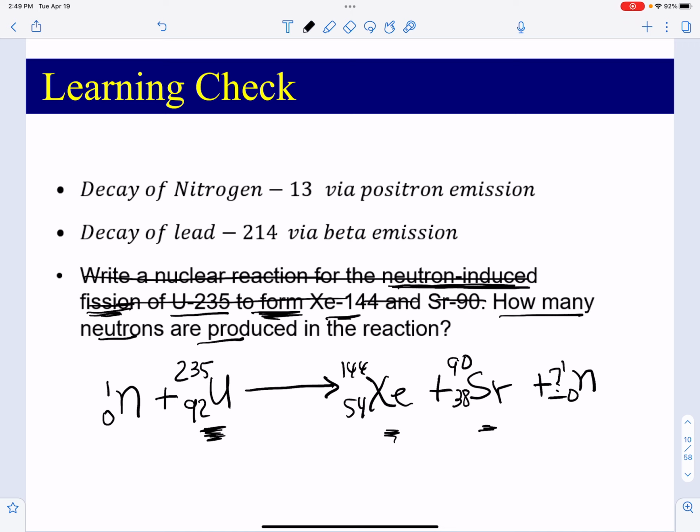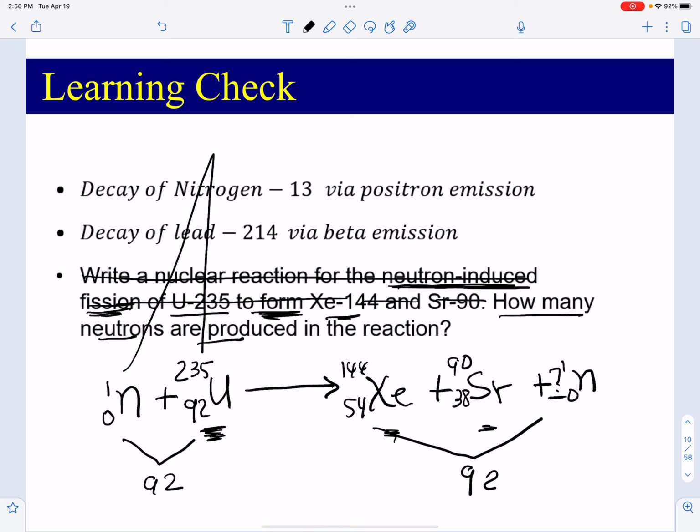Okay? So let's see. On the left side, the bottom number is 92. On the right side, the bottom number is 92. So the bottom number is good. It's balanced. It's 92. It doesn't matter how many neutrons I put in there. It's times 0, so that's not going to change. On the top part, the top number is going to be 236.